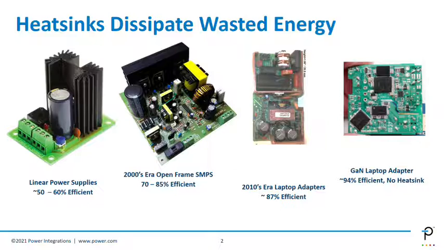Heat sinks are a fixture of power supplies, have been for an awfully long time. The amount of heat sinking required depends on the technology used, and that's evolved over the years from linear power supplies, which were very inefficient and required a huge heat sink to get rid of wasted energy, all the way through the 80-plus era of power supplies for PCs and computing equipment, into the most recent decade where laptop adapters were still quite large and bricky, but represented a very good cost-benefit trade-off.